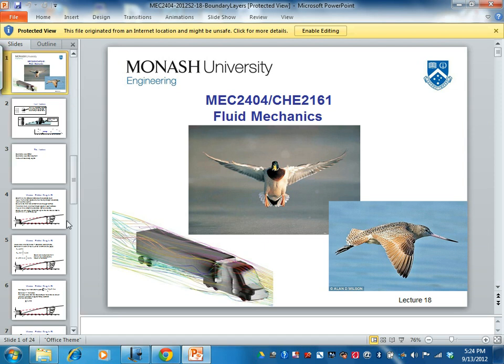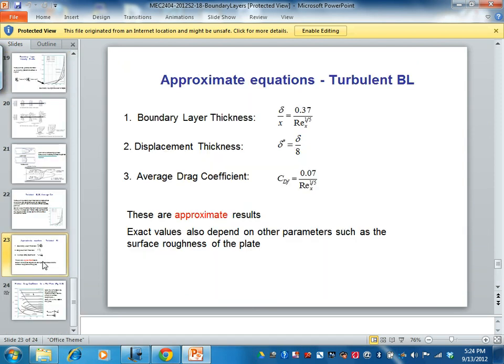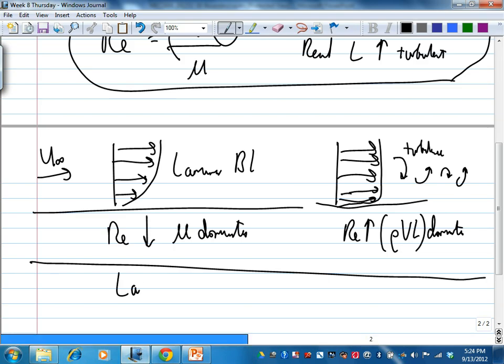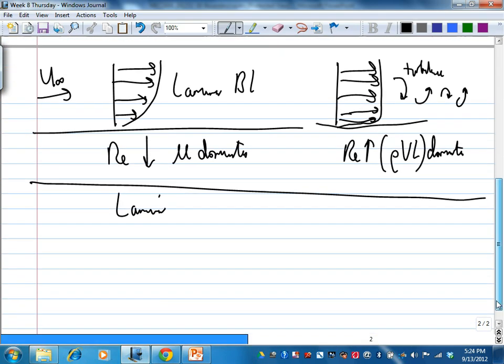Laminar, we have one set of equations. I hope you remember delta star is around 0.33 to 0.36 delta.